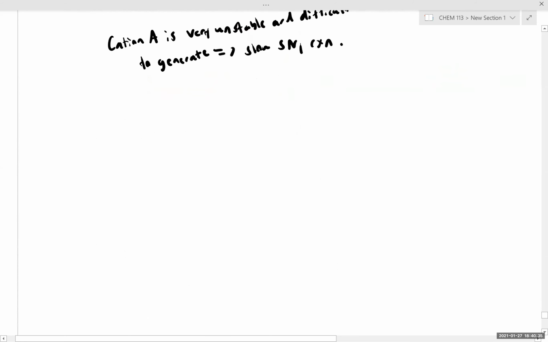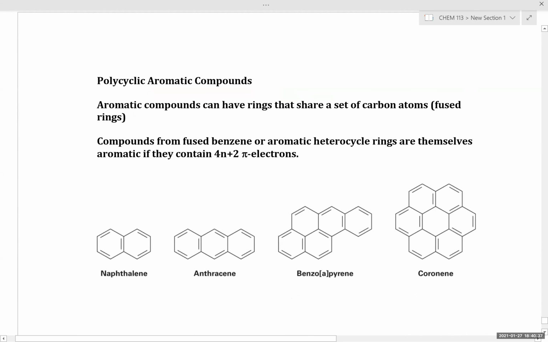Okay, so let's keep going now and talk a little bit about polycyclic aromatic compounds. Aromatic compounds can have rings that share a set of carbon atoms, fused rings. Compounds from fused benzene or aromatic heterocyclic rings are themselves aromatic if they contain 4n plus 2 pi electrons.